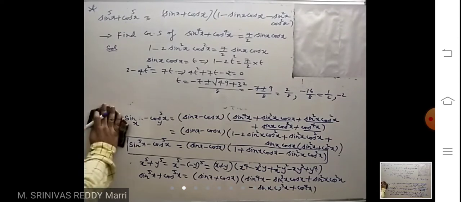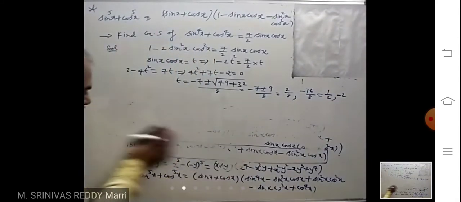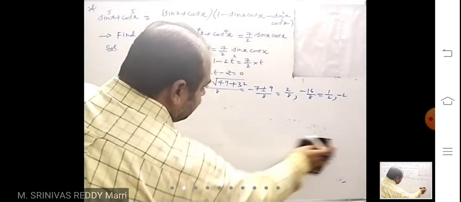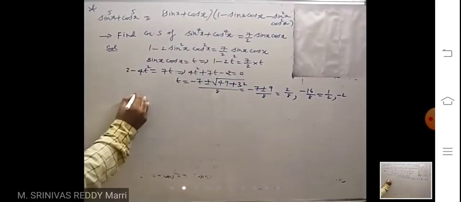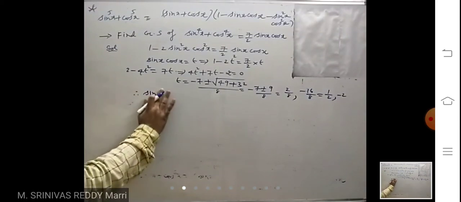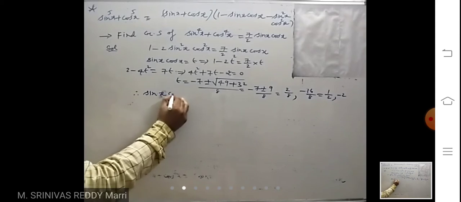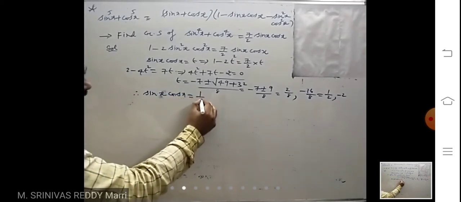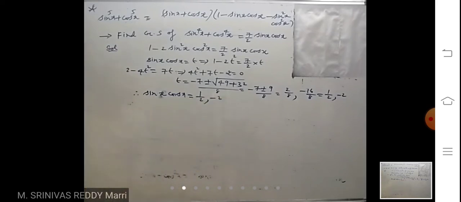So the t values you got are 1 by 4 comma minus 2. T means sin x into cos x, which is nothing but 1 by 4 comma minus 2.